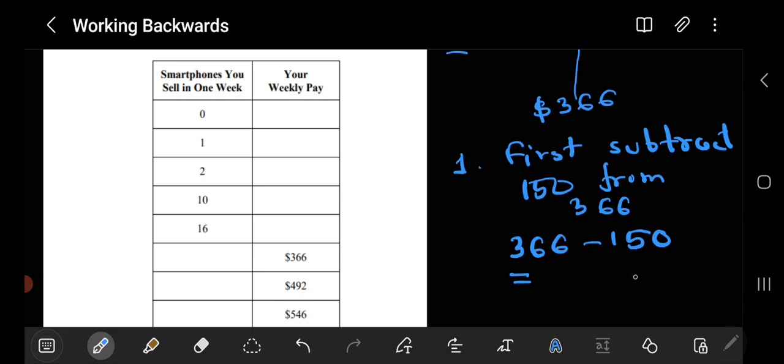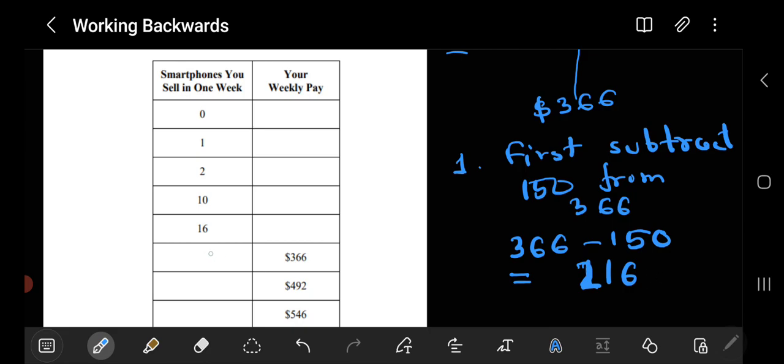If you subtract it, you'll be getting 116, I'm sorry, 216. Okay, so 366 minus 150 will give you 216.